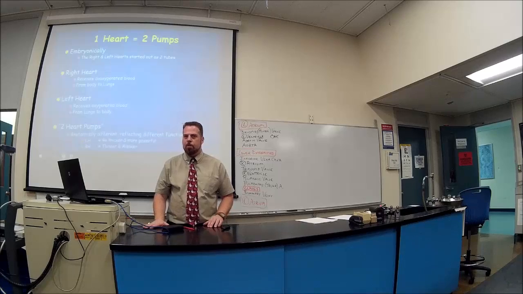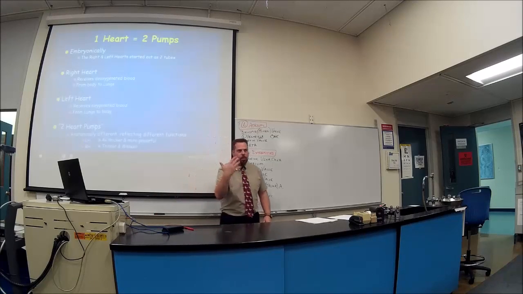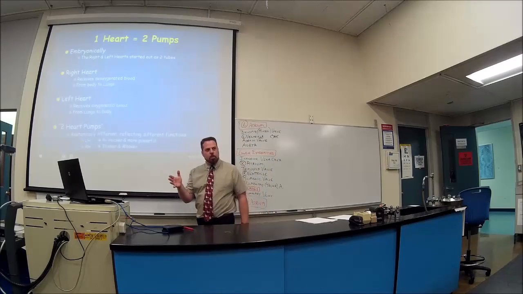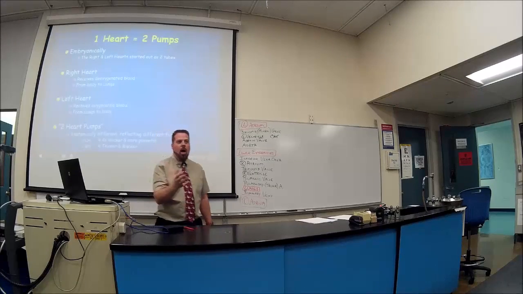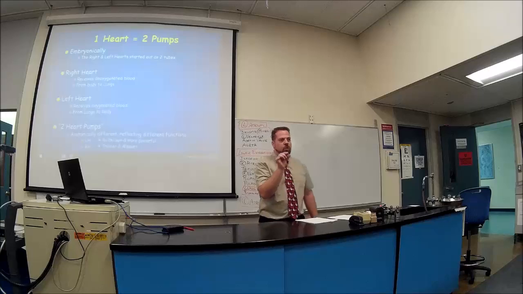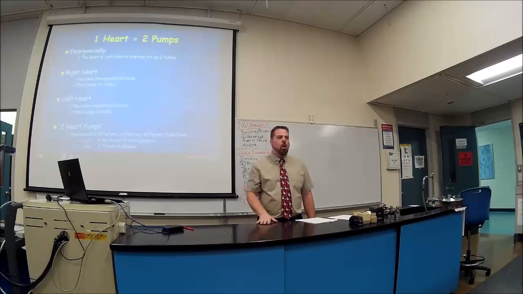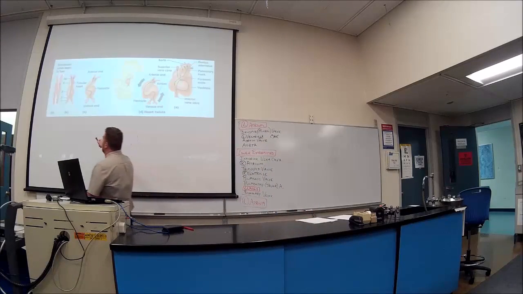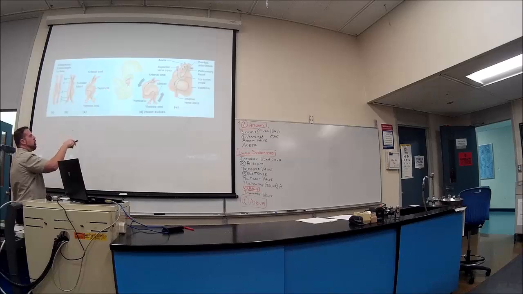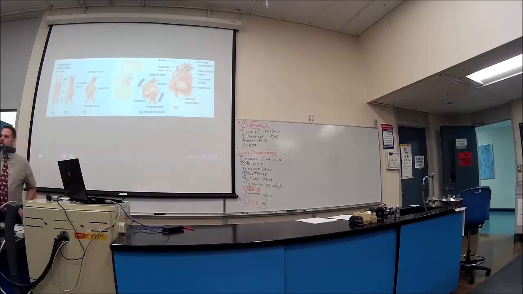Does that make sense? This again is a running theme that I always talk about: physiology reflects anatomy. Function reflects structure. It makes sense why the right ventricle wall is much thinner than the wall of the left ventricle. Okay? So this is just showing you 2 tubes that are fused together, twist and turn, and it turns into the heart that we all know and love. Okay?